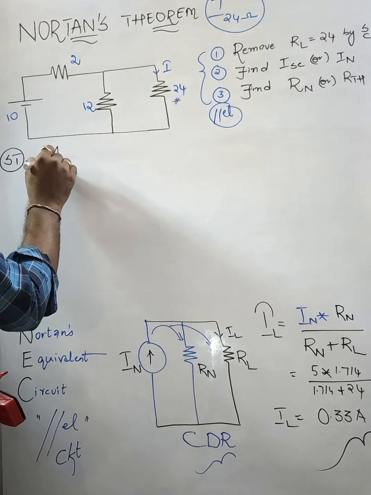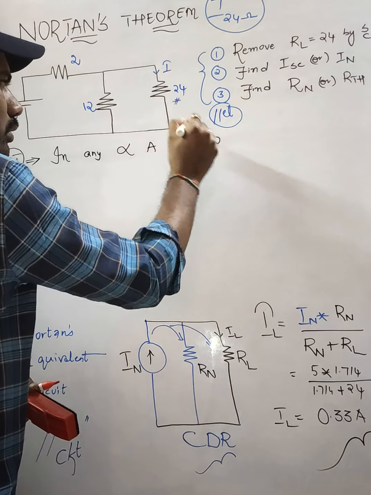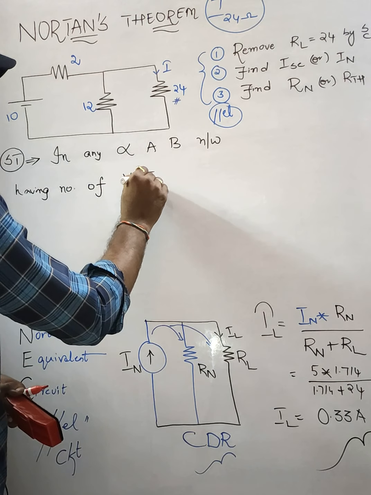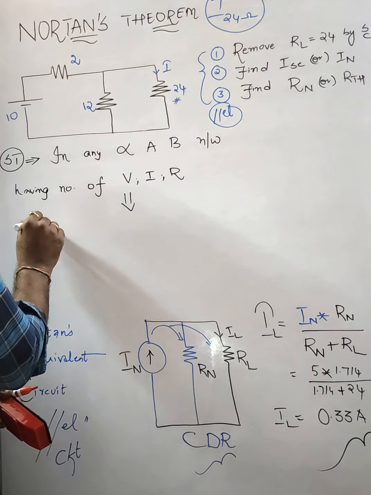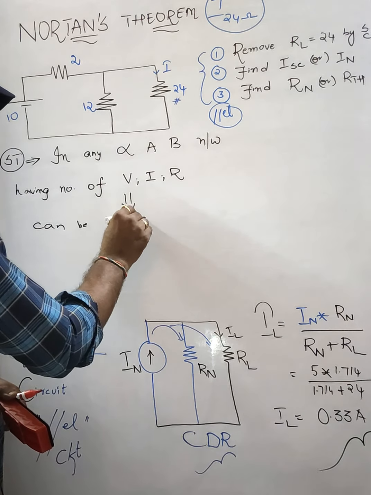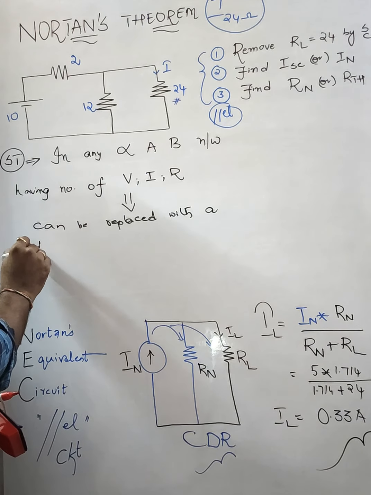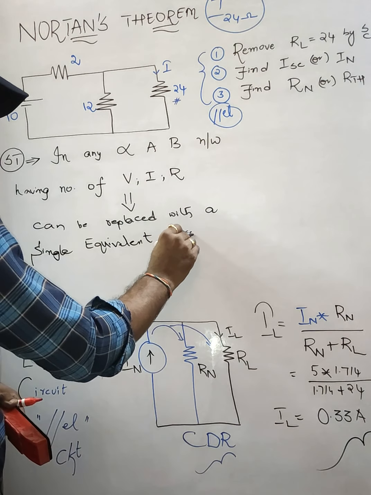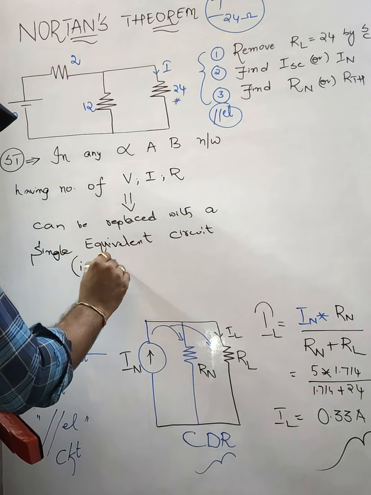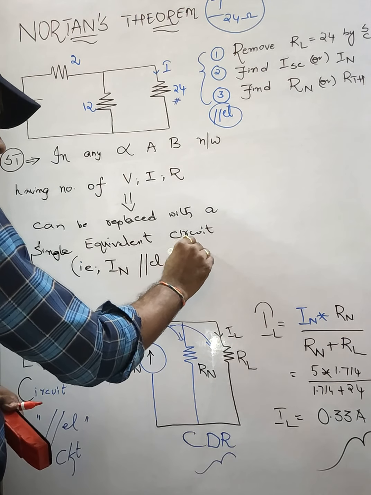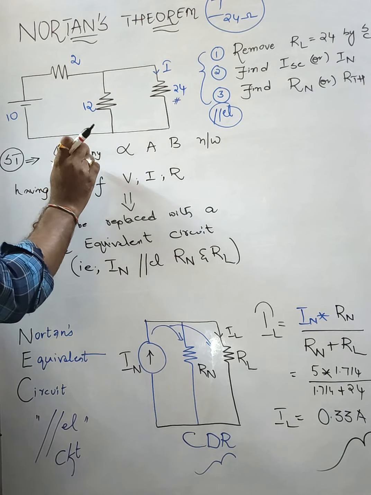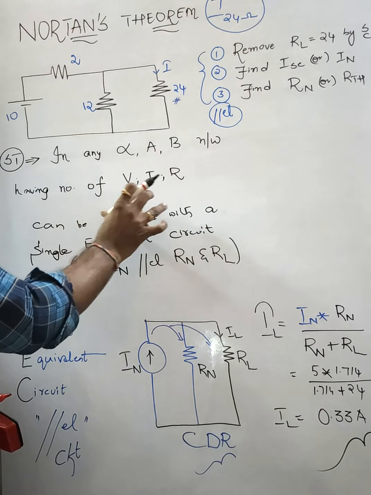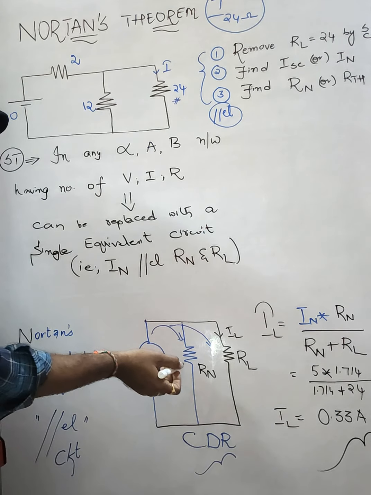In any linear active bilateral network having a number of voltage sources, current sources and resistances, it can be replaced with a single equivalent circuit: the Norton current in parallel with the Norton resistance and the load resistance.